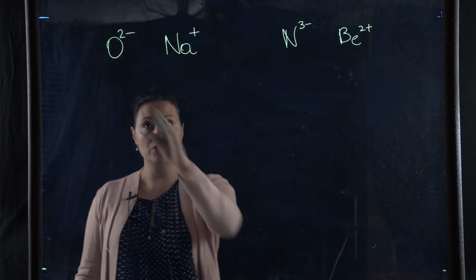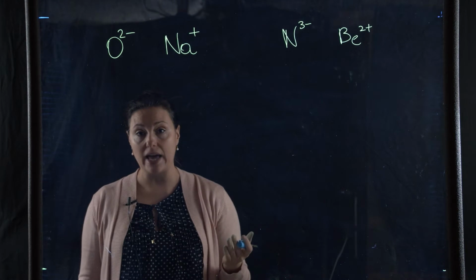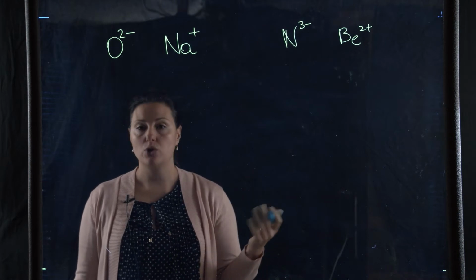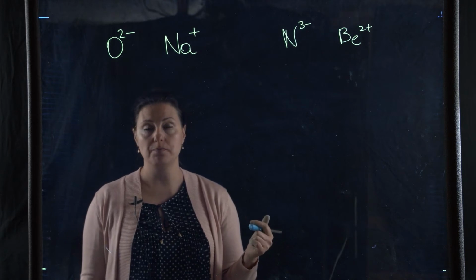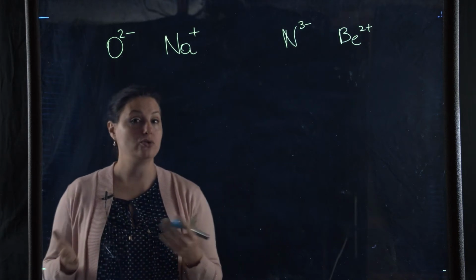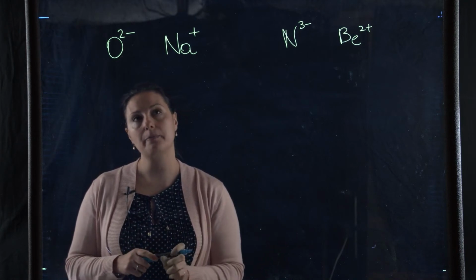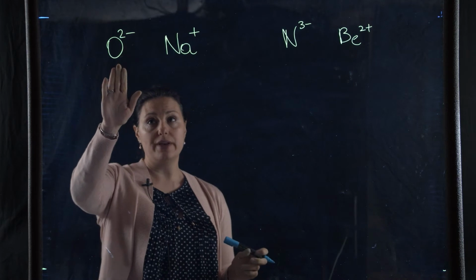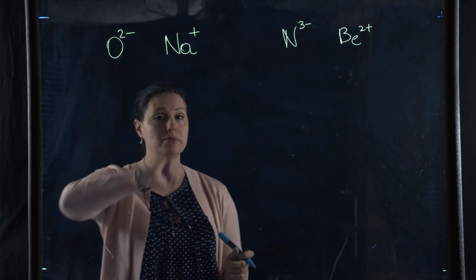Group 6, which oxygen is, is a 2-. Group 7, the halogens: chlorine, bromine, iodine, etc., have a -1 charge. That just tells you how many electrons they lose or gain to get to the 8th group, the noble gases. So I know that my oxygen is a 2- and my sodium is a +1.